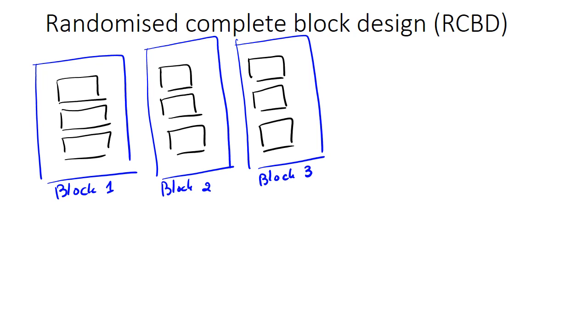When the heterogeneity occurs in a gradient, the blocks must be laid out at right angles, or perpendicular, to the direction of this heterogeneity.